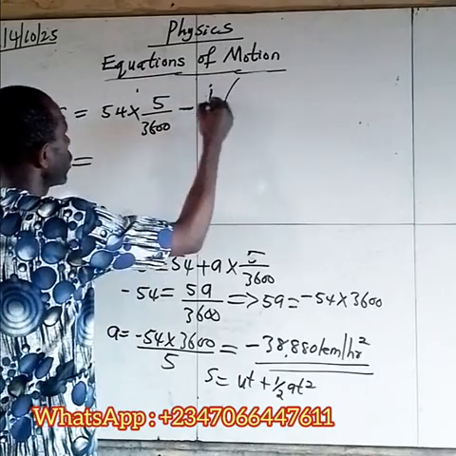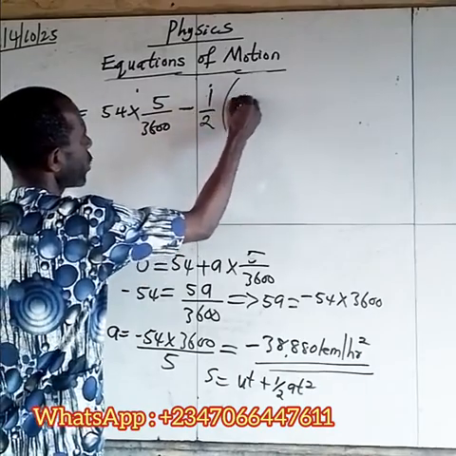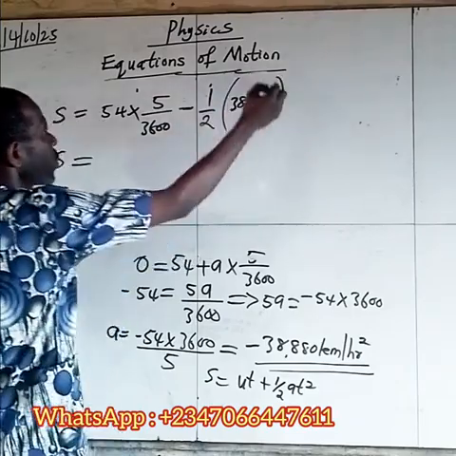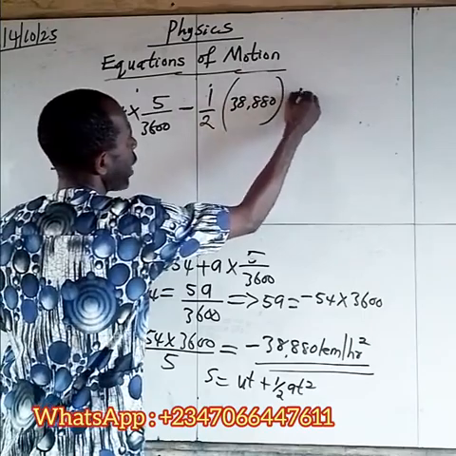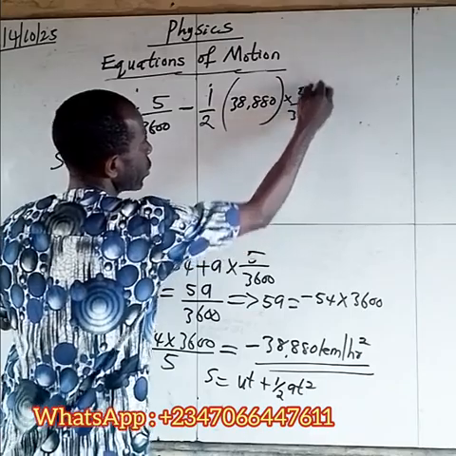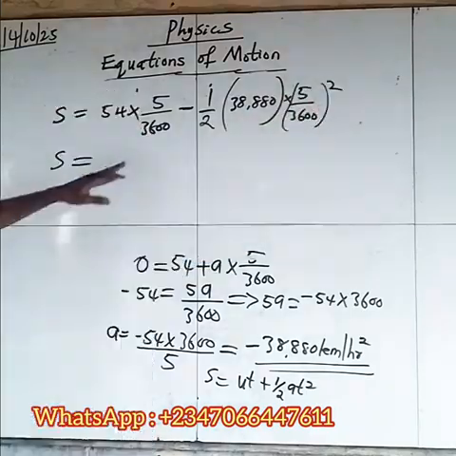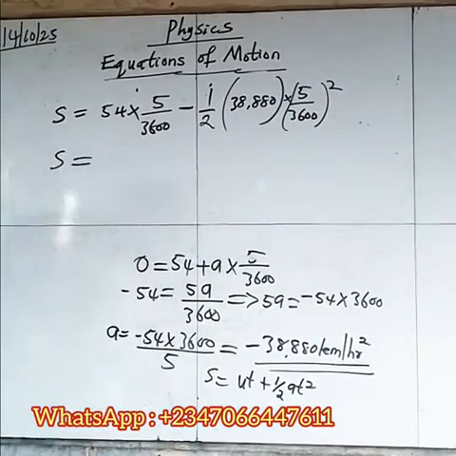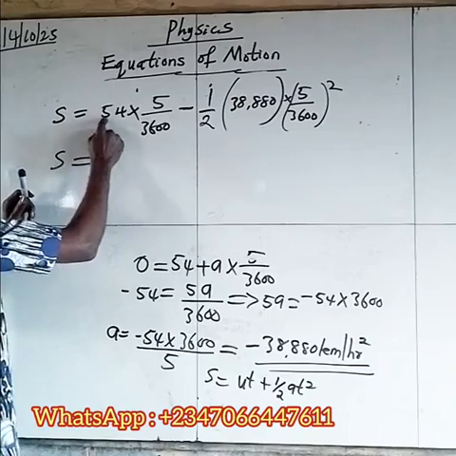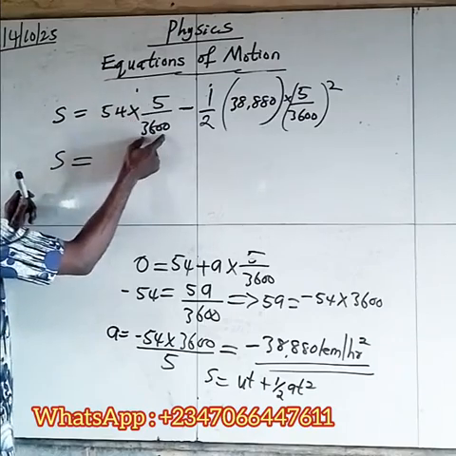Then we have 38,880 multiplying 5 over 3,600, then all squared. Get your calculator and compute everything. This one times this one, 54 times 5, then divide by 3,600.